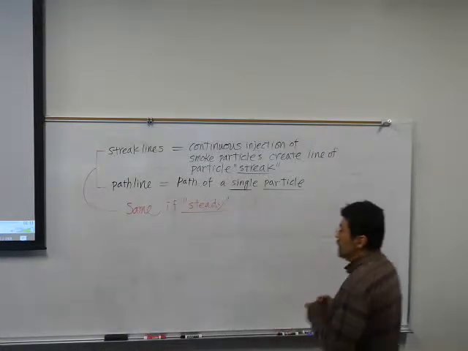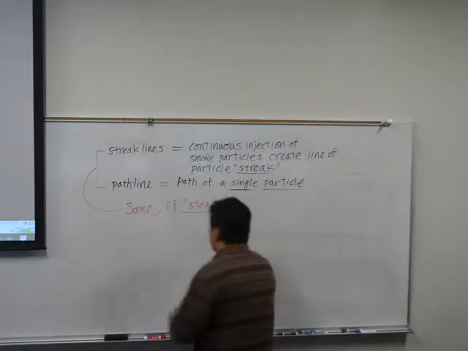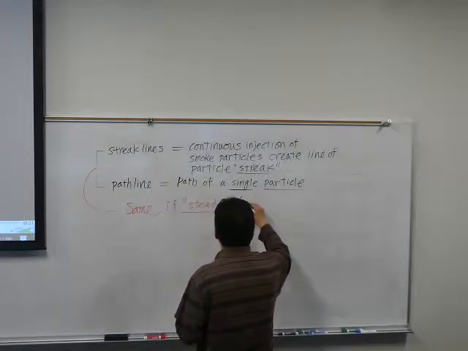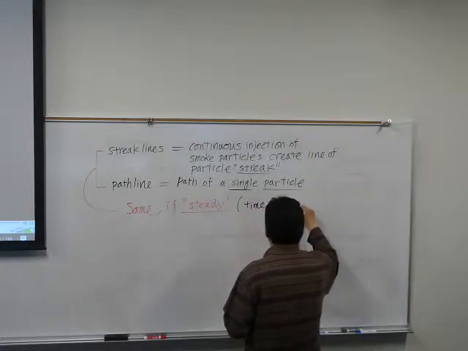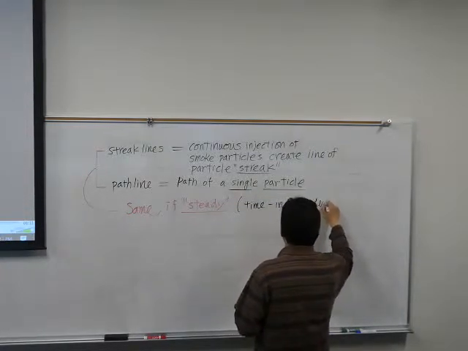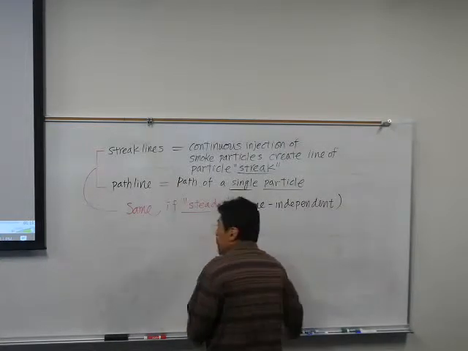So that's the essential definition of steady flow field. A steady flow field is a flow field which is time independent. There are also regions of not steady flow field in this picture.